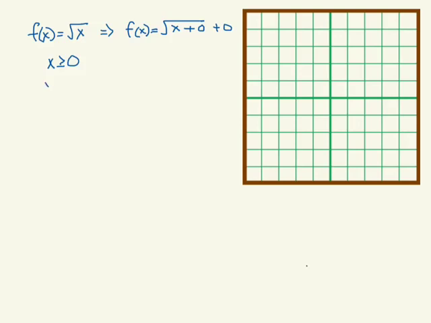We also find out that y has to be greater than or equal to 0. And from that we're going to make a little x, y chart, and our first point is going to be the point (0, 0).